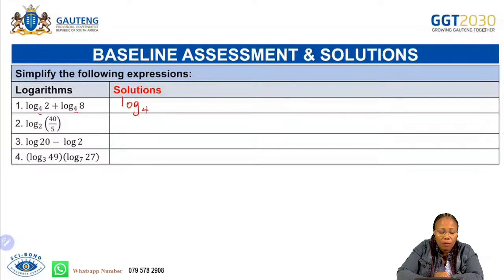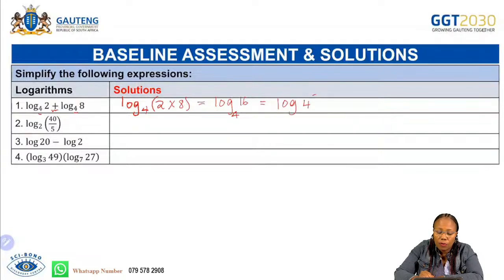of base 4. Because this is addition, it will apply the multiplication of your logs. So this is equal to the log of 8 times 2, 16, base 4. And then we write this 16 as 4 to the power 2.